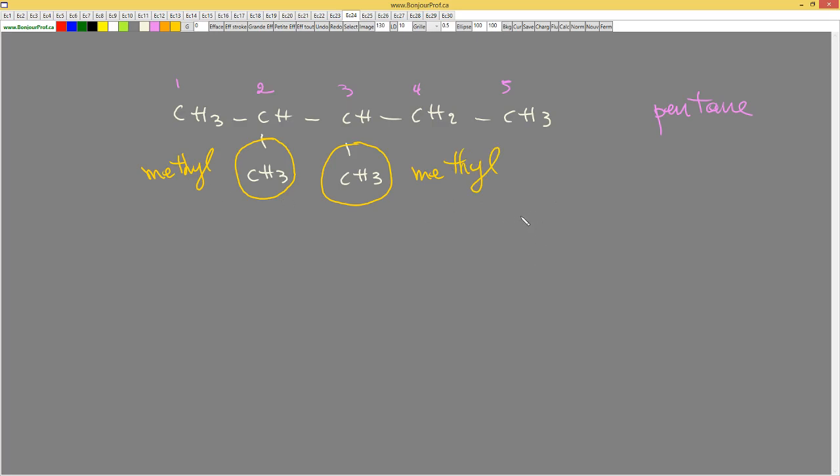So what will be the name now? With the purple color, how many methyls do I have? I have 2 methyls. One is in position 2, and the other is in position 3. The position is the carbon to which it is attached. This methyl is attached to carbon 2, and this methyl is attached to carbon 3. So I'm going to put here 2,3. Because I have 2 methyls, it will be di: 2,3-dimethylpentane.